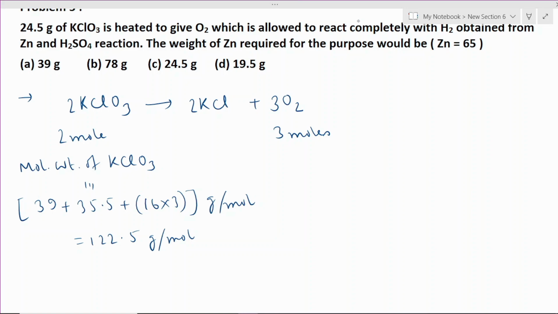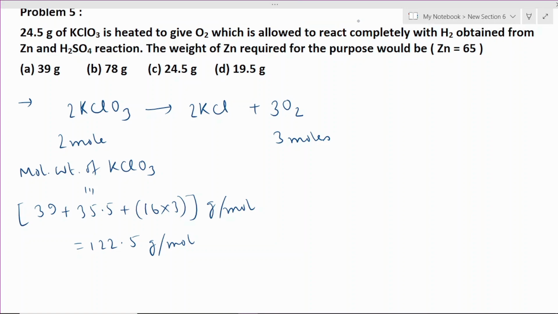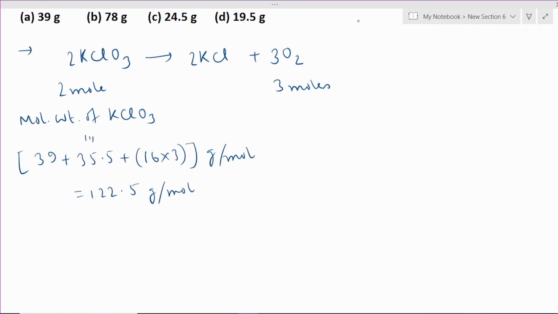So 1 mole of potassium chlorate contains 122.5 gram. Hence 2 moles of potassium chlorate means 2 into 122.5 gram, that is 245 gram of potassium chlorate.